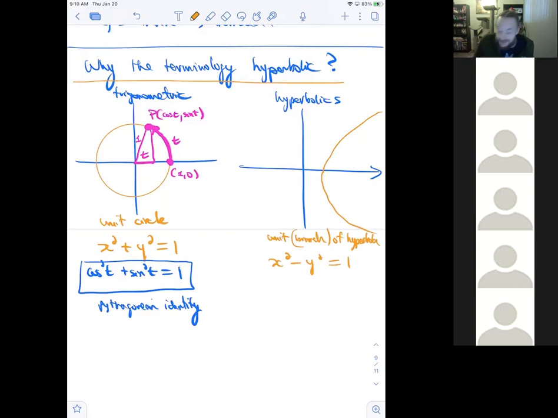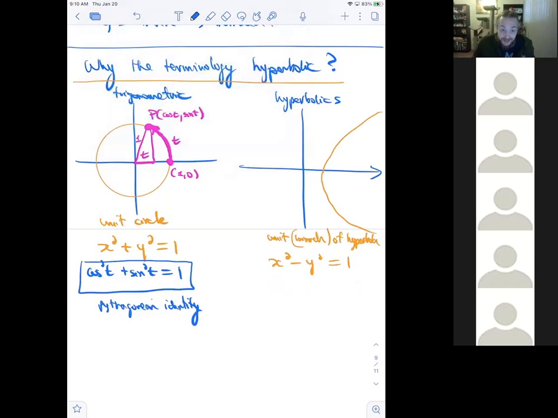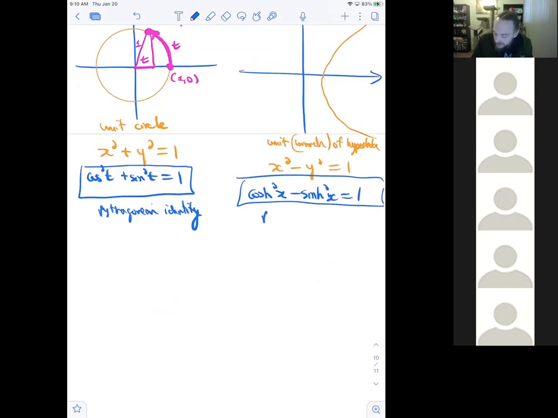So for any angle t, we have that cos hyperbolic squared t minus sine hyperbolic squared t equals 1. That should be true because these are points on the hyperbola. They must satisfy the hyperbola's equation. The points on a circle must satisfy the circle's equation. So cos hyperbolic squared x minus sine hyperbolic squared x is equal to 1. This is the Pythagorean identity.